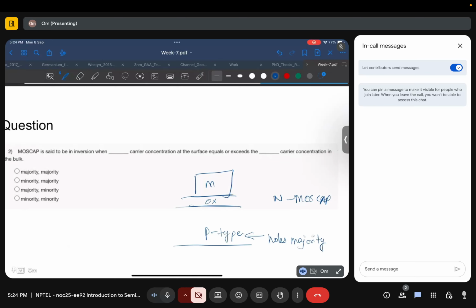And inversion happens when you apply a positive voltage, Vg greater than Vt, then a channel of electrons is formed here, right? But electrons are minority in p-type semiconductor, right?